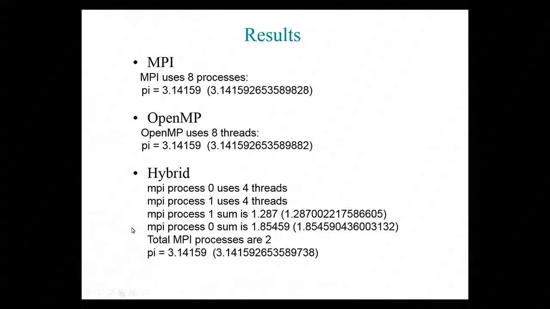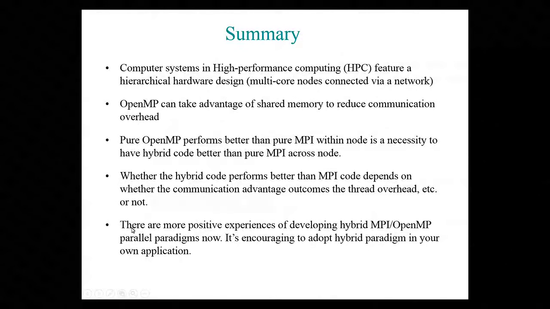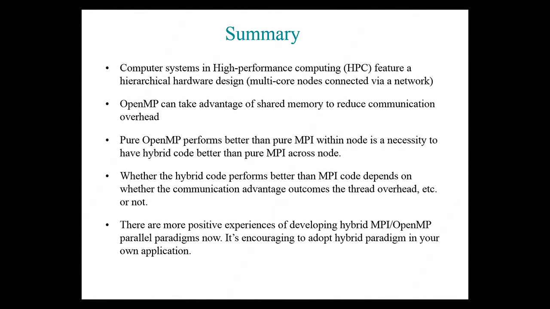Okay, so the last one will be the summary. Computer systems are basically clusters, which have hybrid architectures that allow you to run in a hybrid fashion: multiple cores on one node run in an OpenMP way, and your MPI jobs go across multiple nodes.